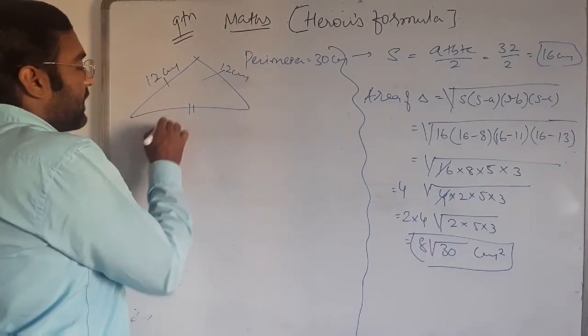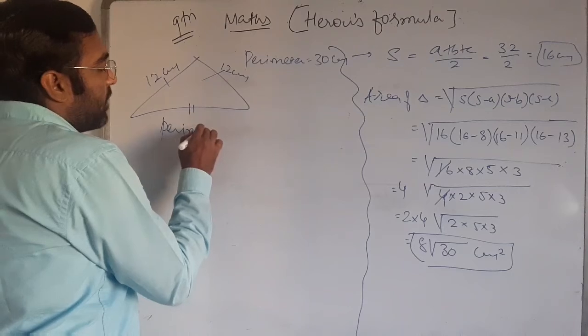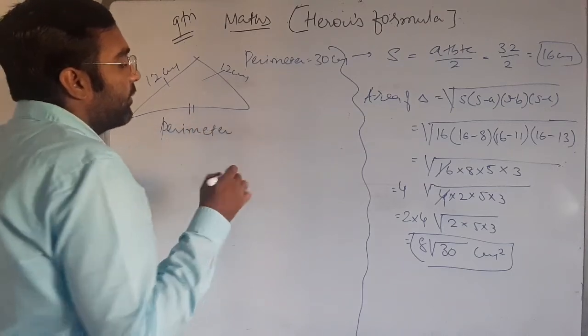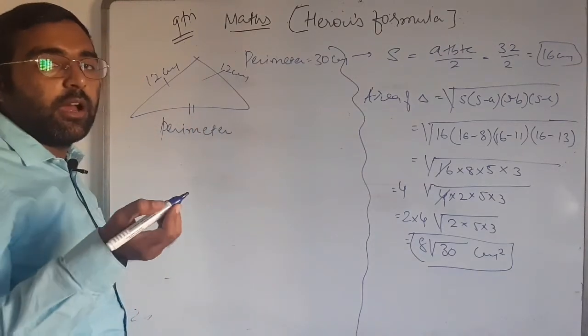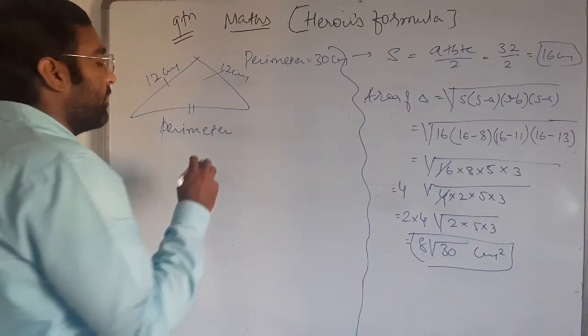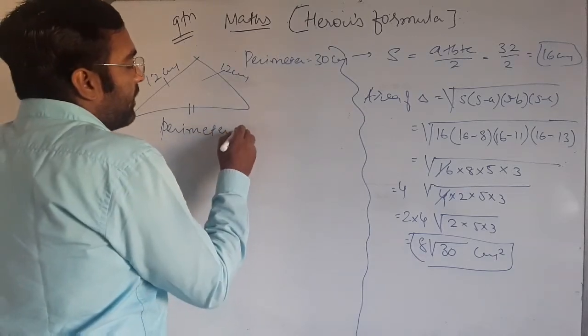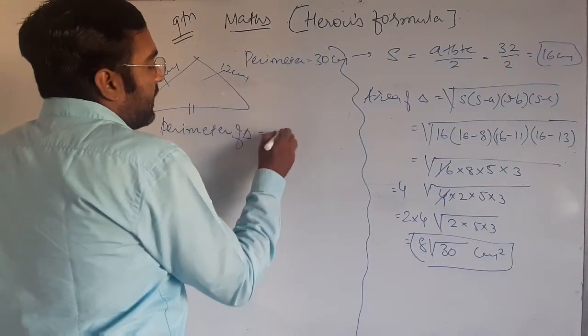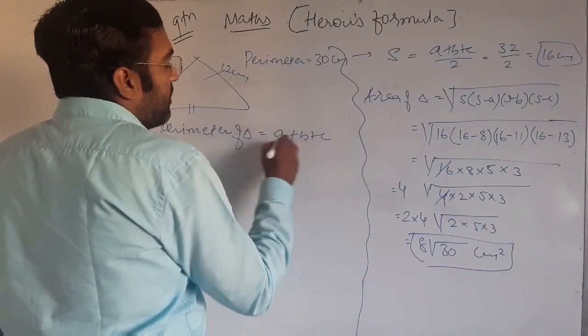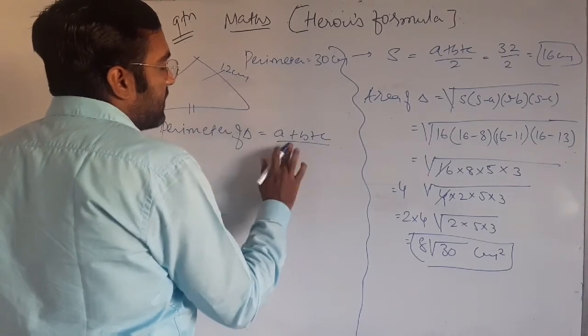First of all we have to find the third side, because without it we can't find the area of the triangle using Heron's formula. So the perimeter of a triangle is a plus b plus c.